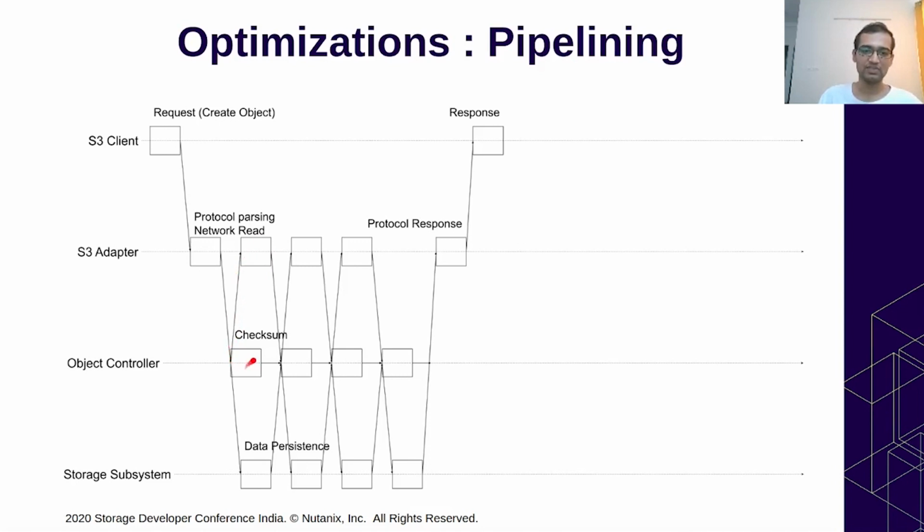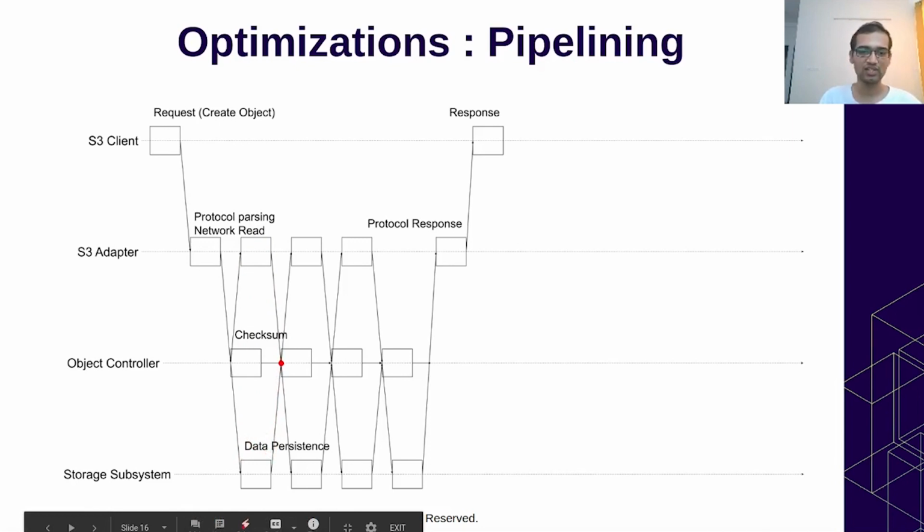At the same time, object controller is calculating the checksum. The data is being persisted for chunk 1. The second chunk is already being read by the S3 adapter. And when the request lands on the object controller for the second chunk, we wait for the first chunk to be persisted and acknowledged.